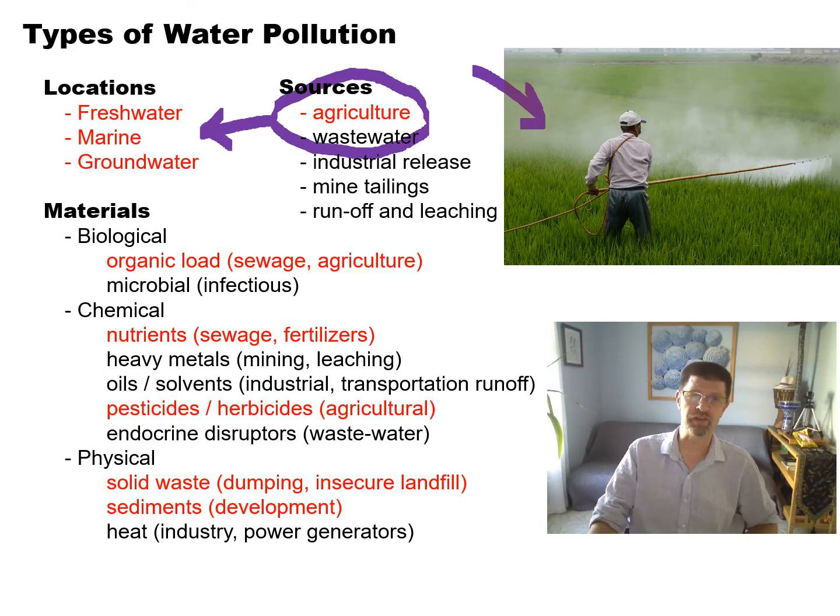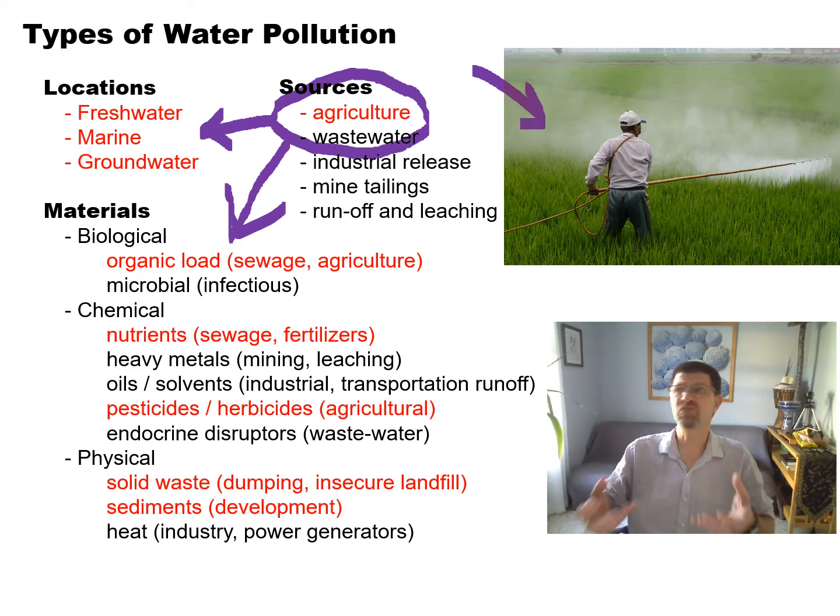So what I've done is I've highlighted the fact that agricultural sources are a big issue for all the different types of locations of water, and some of the places where it tends to show up down here are in the organic load of the water. And that means if there's just a lot of organic stuff in the water, then bacteria that are just trying to make a living in that water will be breaking up all that organic matter.